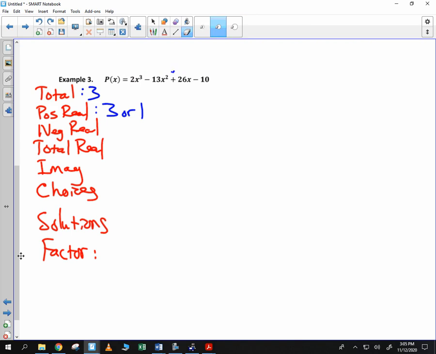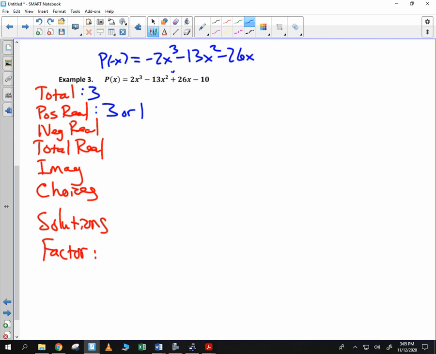I will now determine p of negative x: negative 2x cubed minus 13x squared minus 26x minus 10. The number of negative real would be then 0. 3 plus 0 is 3, and 1 plus 0 is 1. This does not factor.